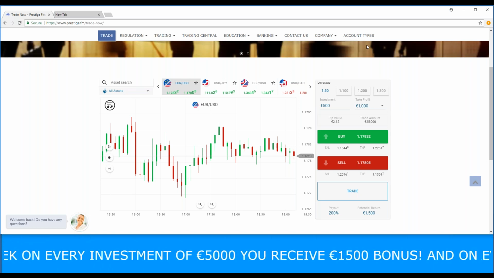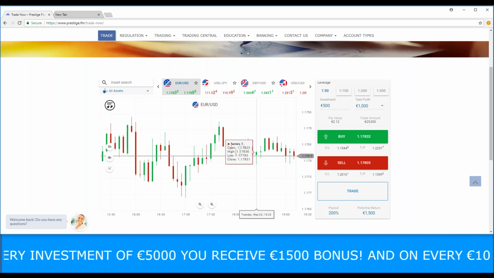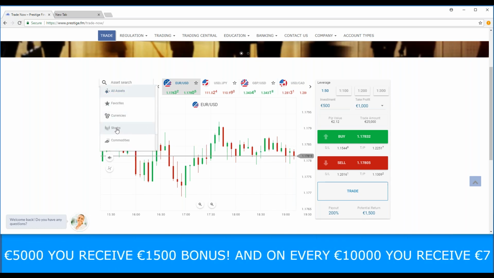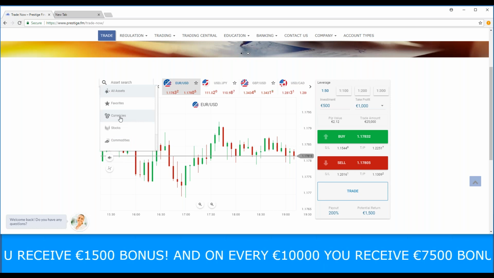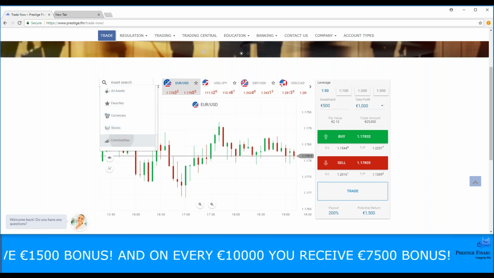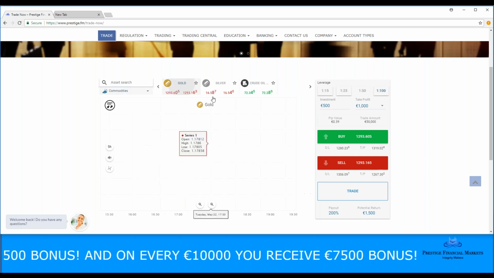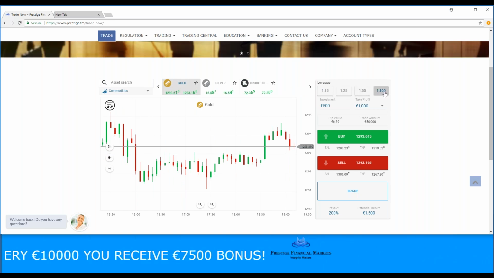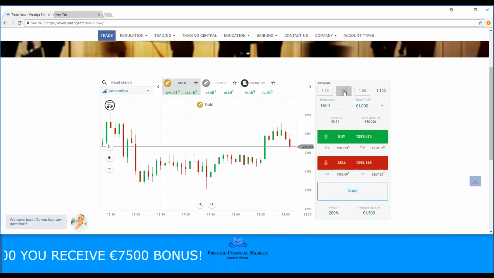Okay, so let's go to some other asset, like commodities, gold. You can see here a leverage of 1 to 25.